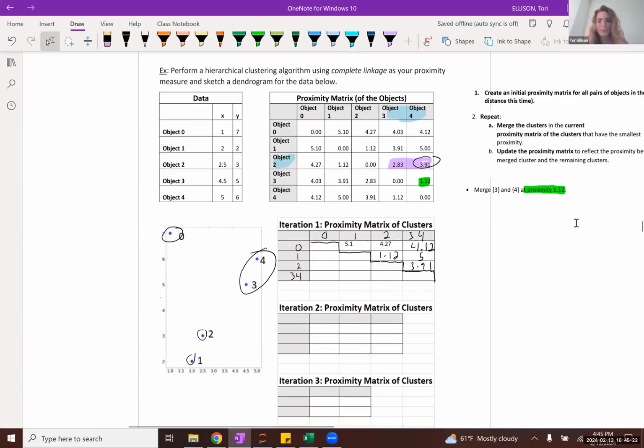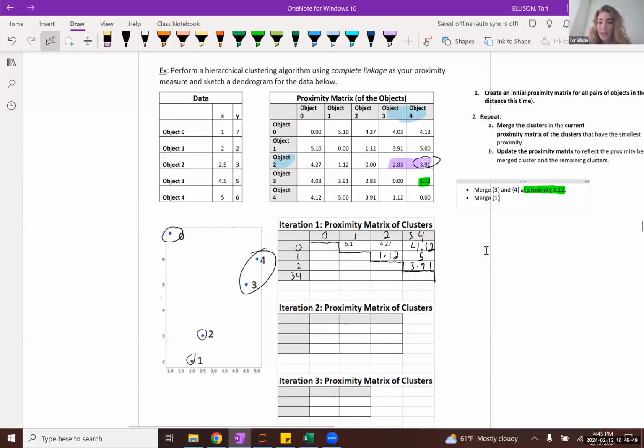And so we start the next iteration. So based on this updated proximity matrix of clusters, what 2 clusters would merge next? Yep, 1 and 2.